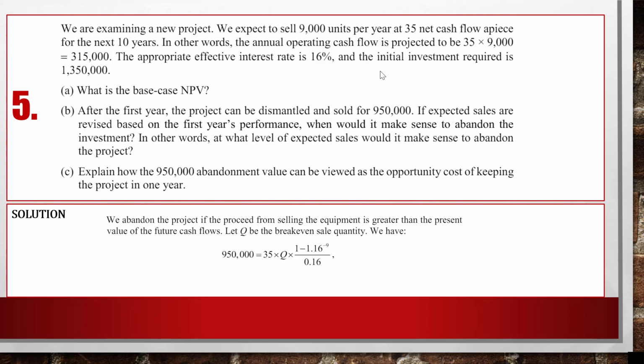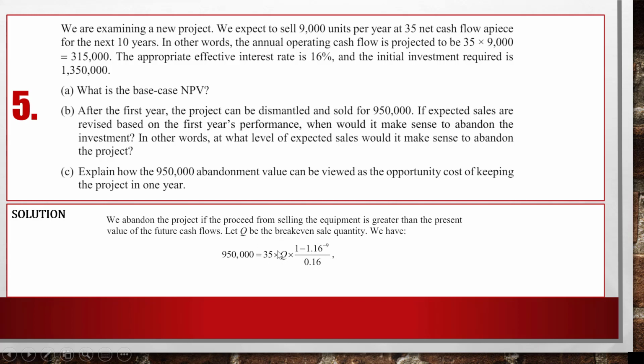Here we call Q the break-even sale quantity. We abandon the project if the proceeds from selling the equipment are greater than the present value of the future cash flows. Here we set $950,000 equal to 35 times Q, where Q is the break-even sale quantity, times the present value of these 9 cash flows, which is 1 minus 1.16 to the negative 9 over 0.16.